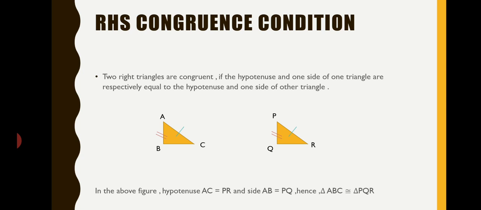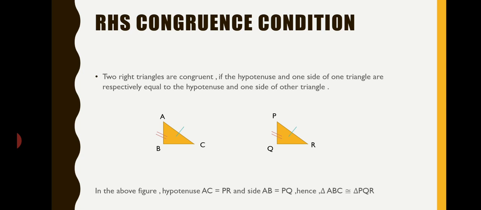Here hypotenuse AC is equal to hypotenuse PR, and out of the remaining two sides, one side is equal: AB is equal to PQ. Both are right angle triangles, the hypotenuse is equal and one of the sides is equal, so the RHS congruency condition is fulfilled. This means triangle ABC is congruent to triangle PQR.